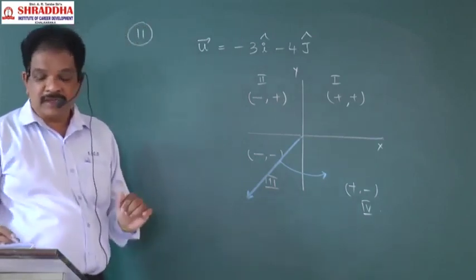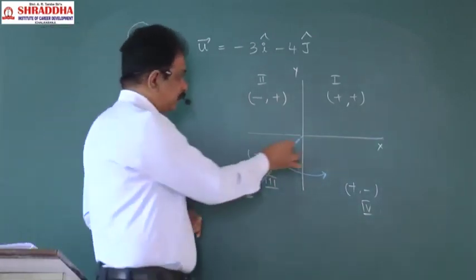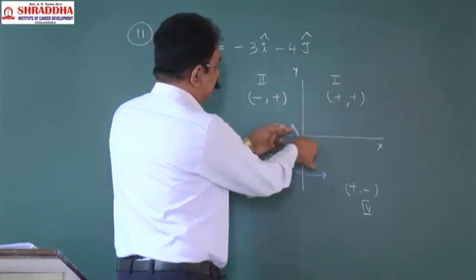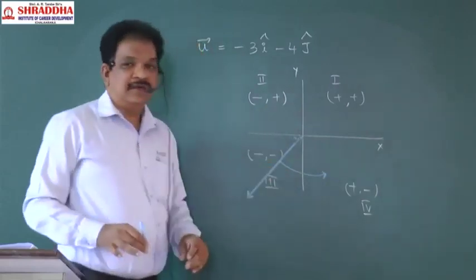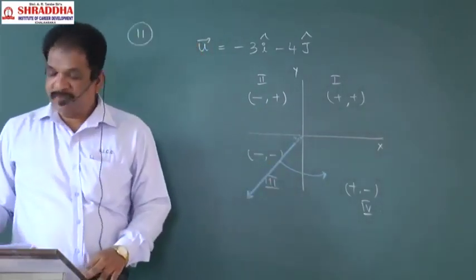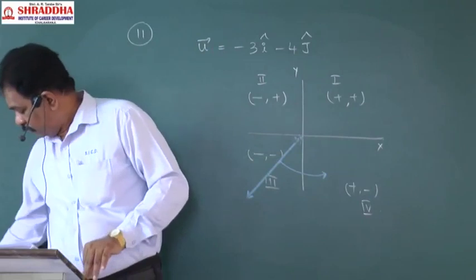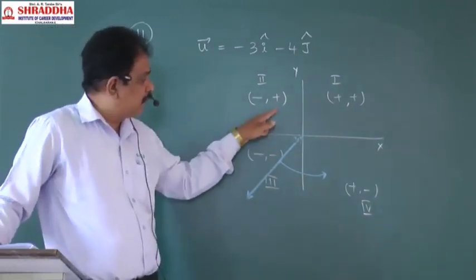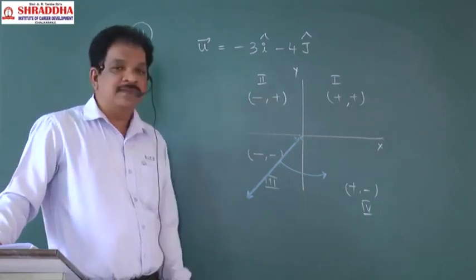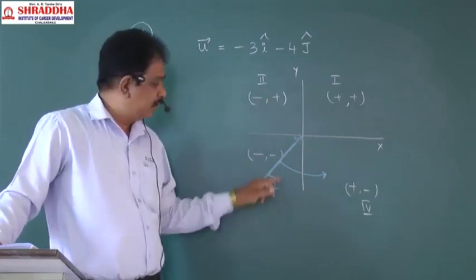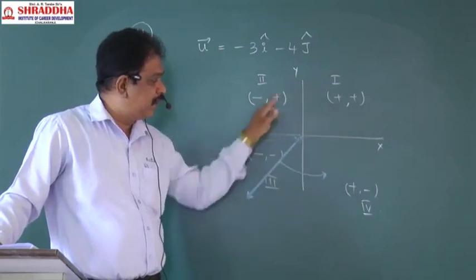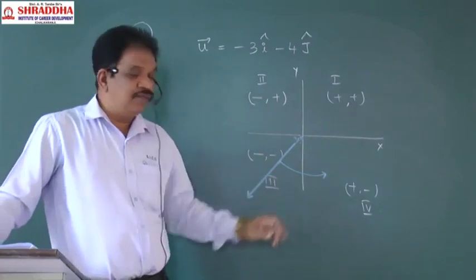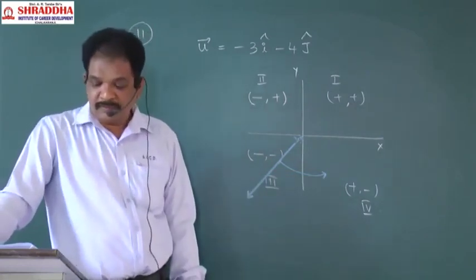If it moves in the clockwise direction, it will come into this quadrant. That will be the second quadrant. Is it clear? So if it moves clockwise, it will come into the second quadrant. From here, if it moves anti-clockwise, it will come into the fourth quadrant. Okay?